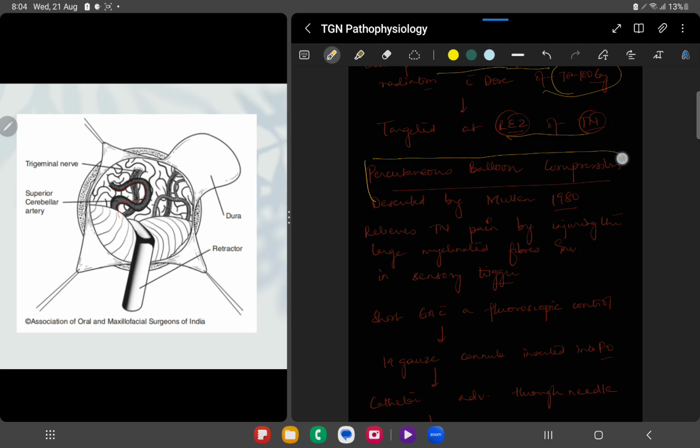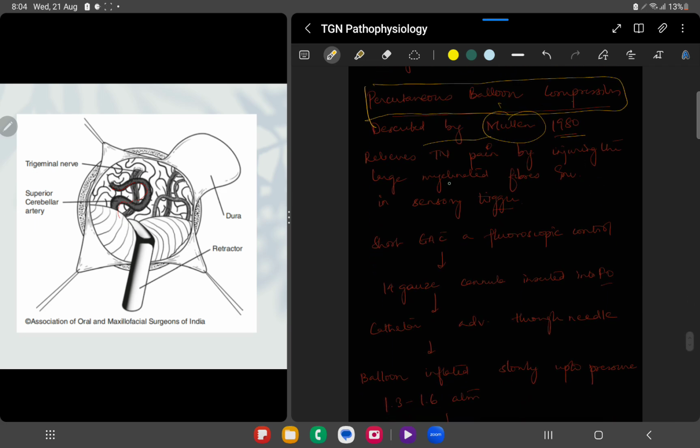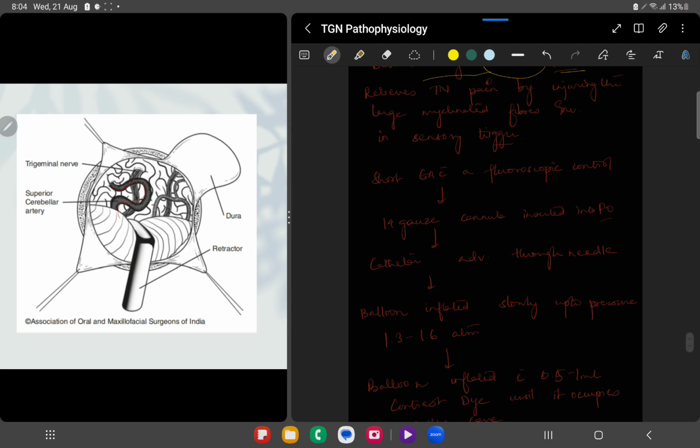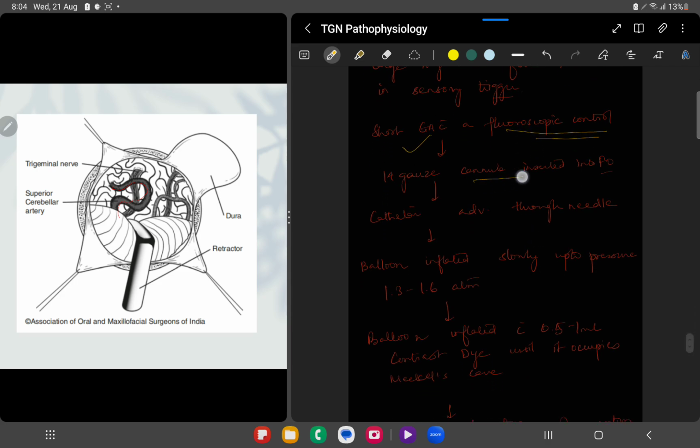Another technique is percutaneous, that is through the skin, balloon compression, which was described by Mullan in 1980. It relieves trigeminal neuralgia pain by injuring the large myelinated fibers in the sensory trigeminal root. Under short general anesthesia with fluoroscopic control, a 14 gauge cannula is inserted into the foramen ovale, and a catheter is then advanced through the needle.